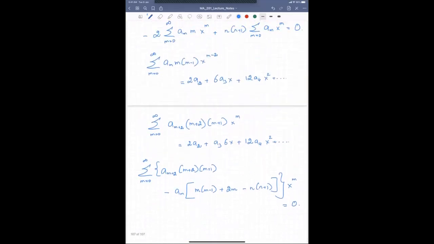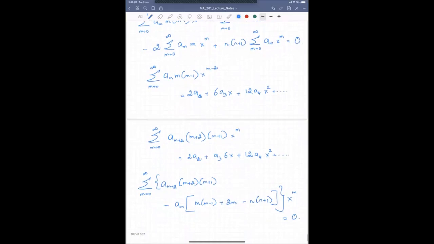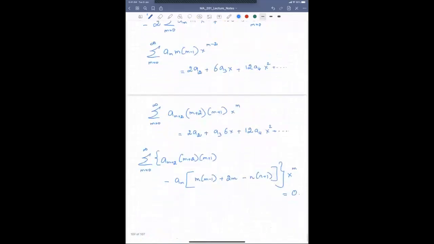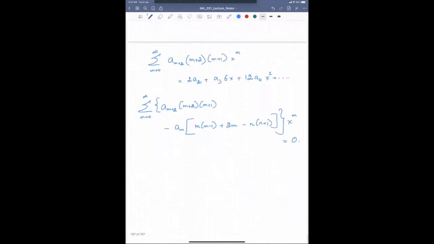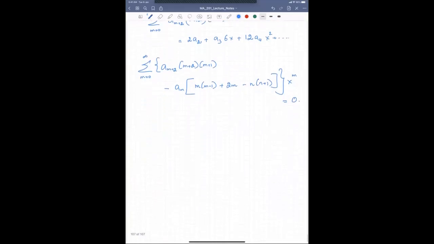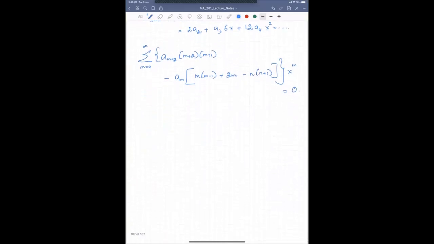And assuming I've not made any negative sign mistakes, the first term is positive, the second term is positive, the third term is negative. So again, this is a whole bunch of powers of x all adding up to 0. And the only way this equation can make sense is if whatever is multiplying it term by term is 0. Otherwise, every coefficient of x is going to be 0. That is the only condition under which this equation holds true.